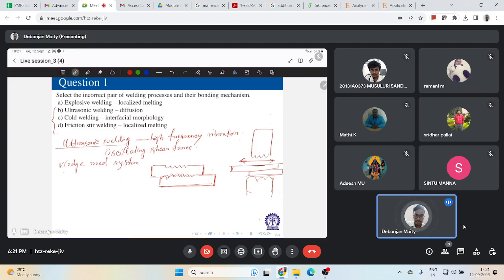What is the other kind of ultrasonic welding system? One is this wedge reed system. The other is called, yes sir, lateral drive. Lateral drive. Right.